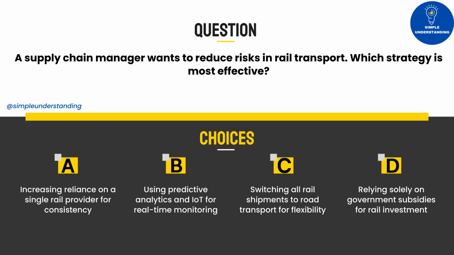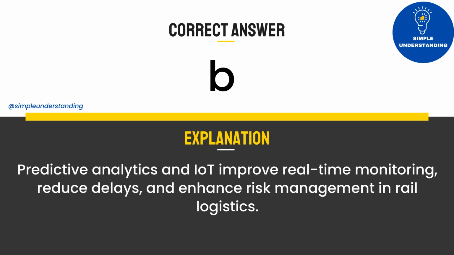C. Switching all rail shipments to road transport for flexibility. D. Relying solely on government subsidies for rail investment. Correct answer, B. Explanation. Predictive analytics and IoT improve real-time monitoring, reduce delays, and enhance risk management in rail logistics.